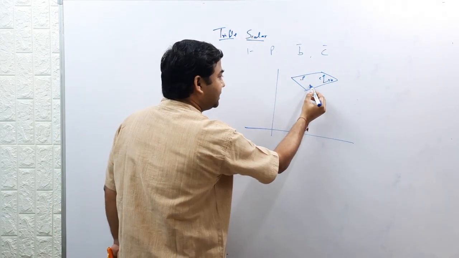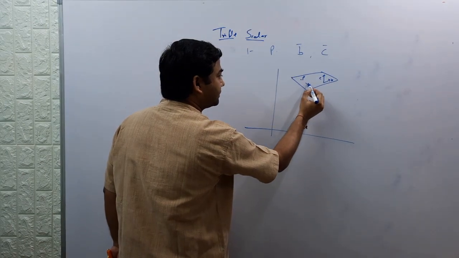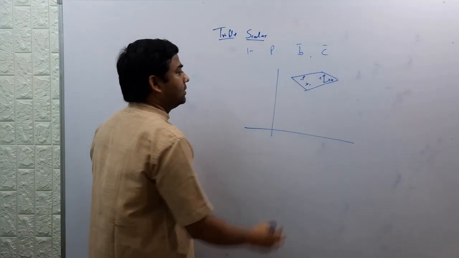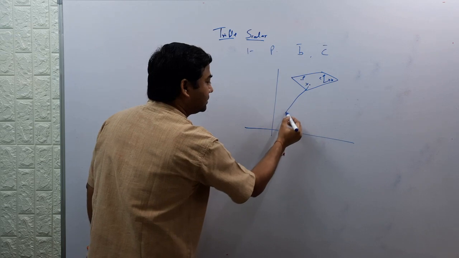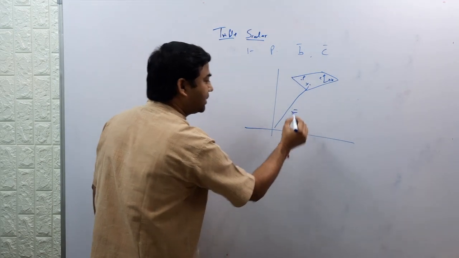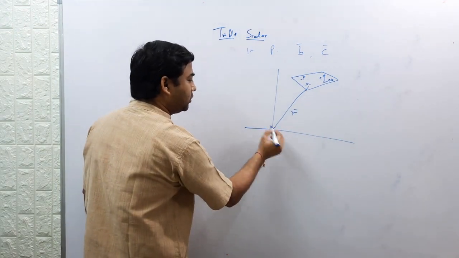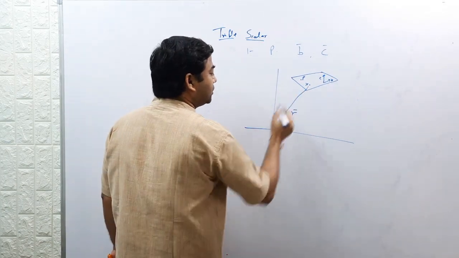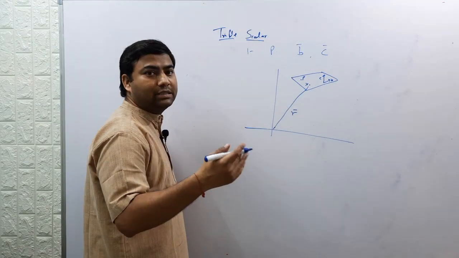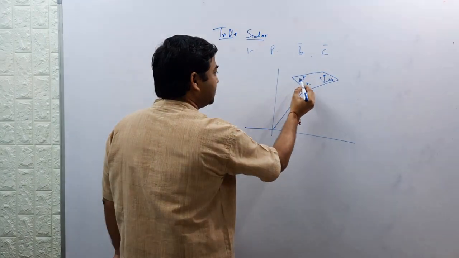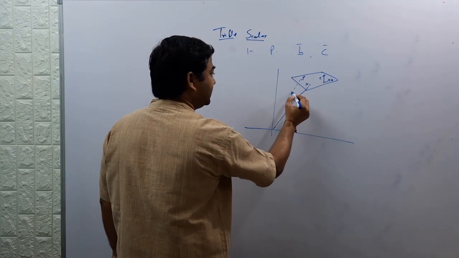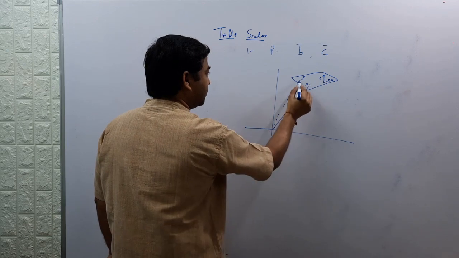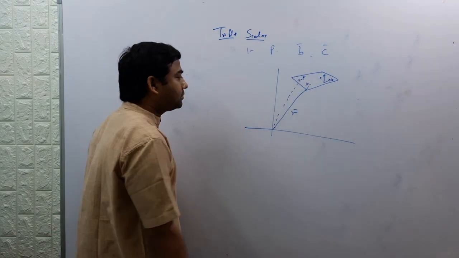Let a general point be x. The position vector of x is represented as r. This general point will move along the plane, and the coordinates of the general point are x, y, z. Similarly, this is point P, the given point through which the plane passes.